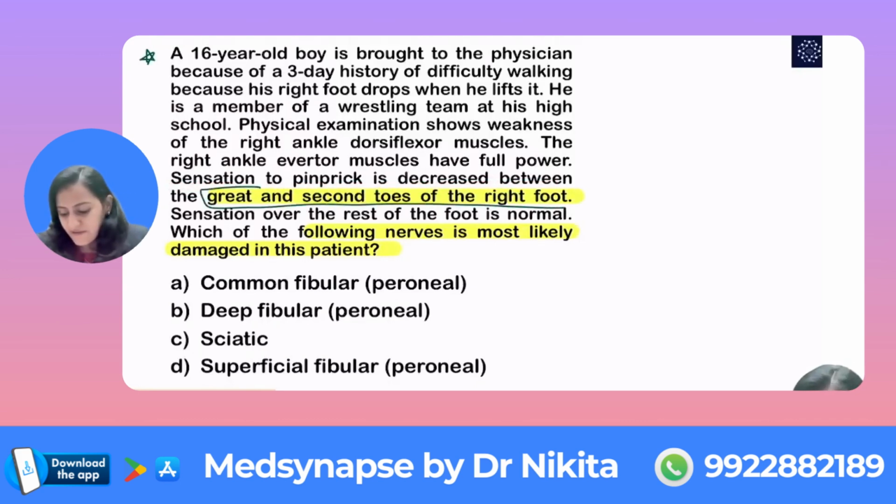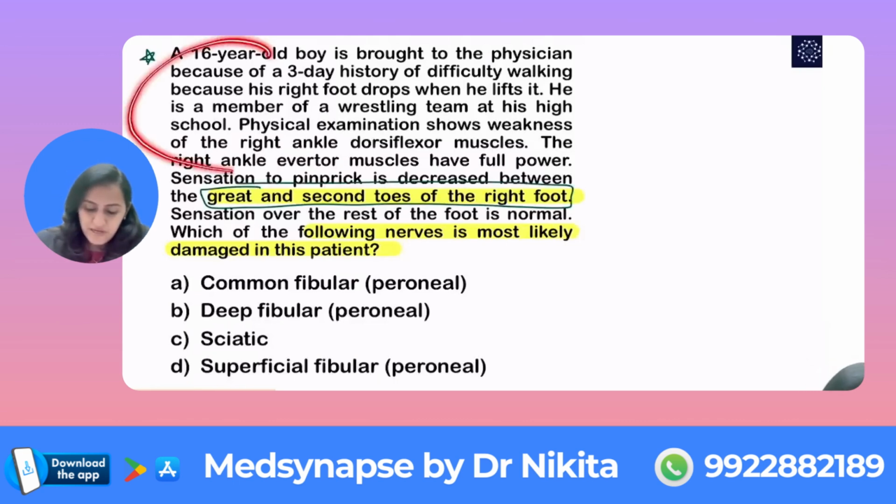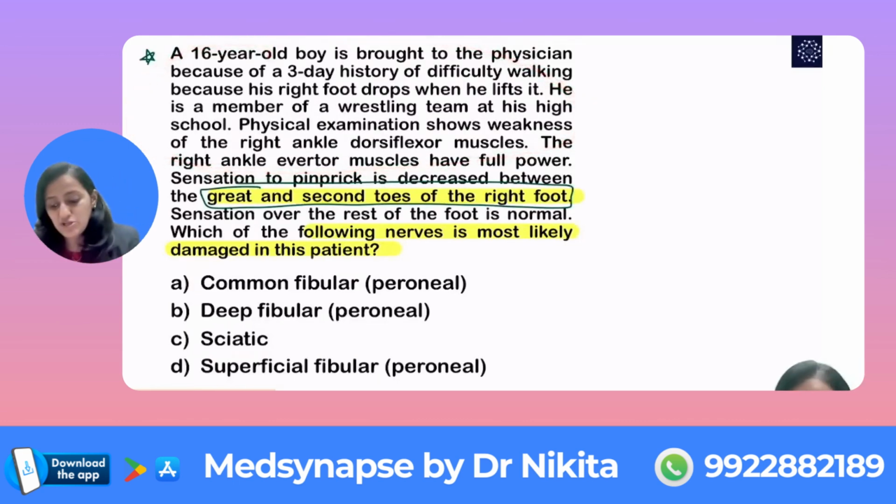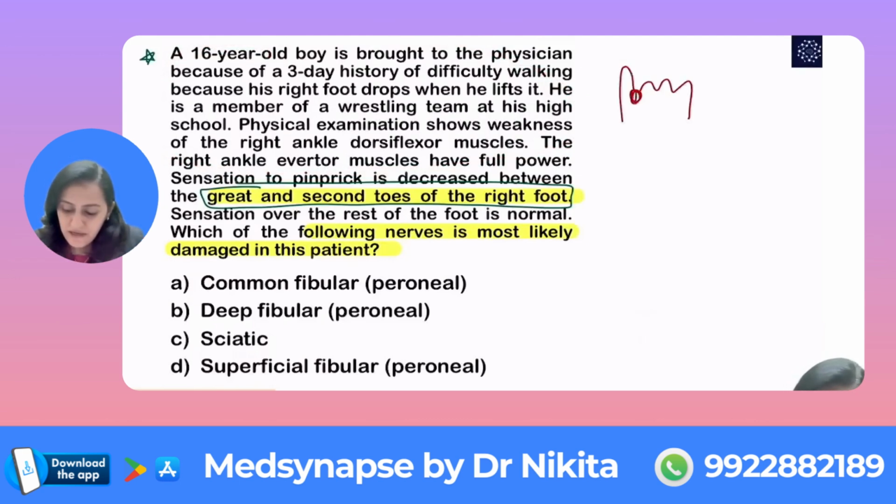Now, is this a giveaway in the question? Without reading the rest of the question, just based on this line, can I answer this question? Yes, because in the foot, the gap between the great toe and the second toe, the sensation here is a very, very important question which comes as a one-liner. What nerve supplies the first web space?